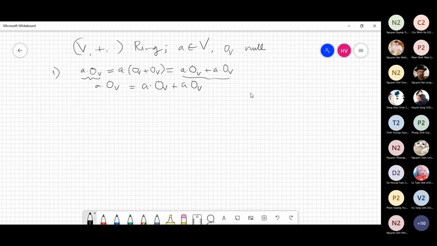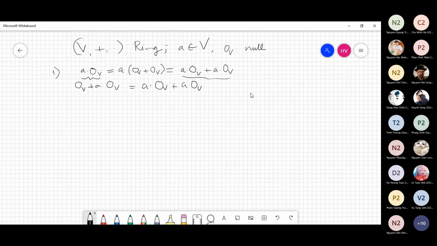Also it's 0, but you should write it a little bit bigger than the usual 0 because this is the neutral element, it can be any neutral element of this V, related to this addition. Okay, now you have a group because V with addition is a group, so you have the cancellation law. So I write one more thing here, non V, because non V plus this is this. Yeah, non V doesn't change anything with addition.